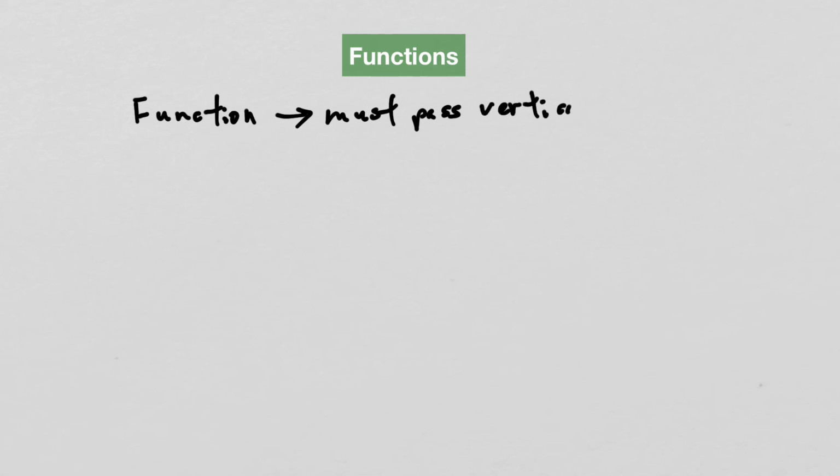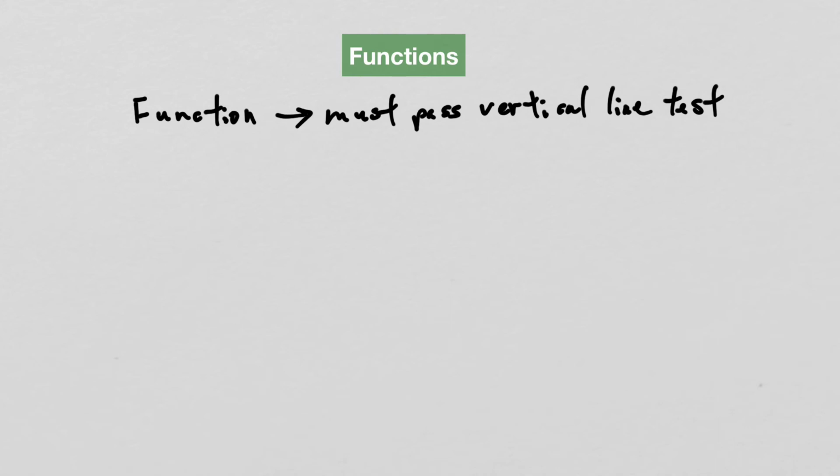Function must pass the vertical line test. So the vertical line has to cross the graph at no more than one place. If it crosses it twice, it's not a function.